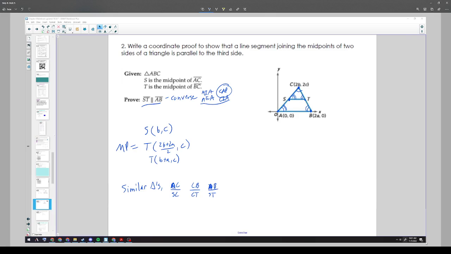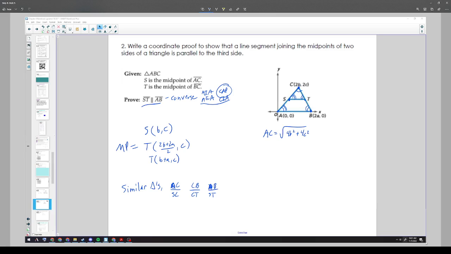AC, I guess we have to do distances for all of those. Maybe. There may be a better way, but that's what I'll do. So AC equals, and we're going to do the square root of 2b, so 2b minus 0 is 2b, squared is 4b squared, plus 2c minus 0 squared is 4c squared.